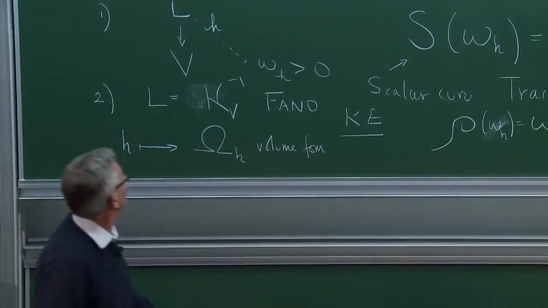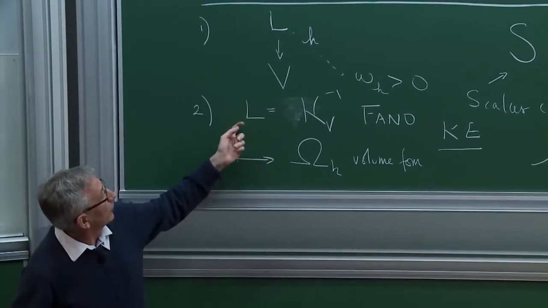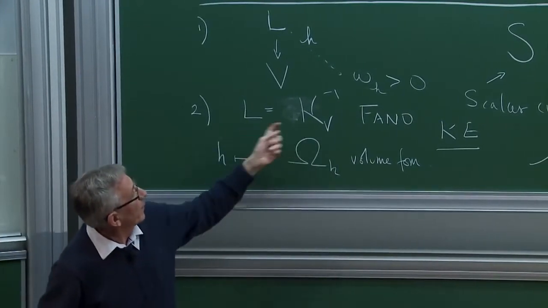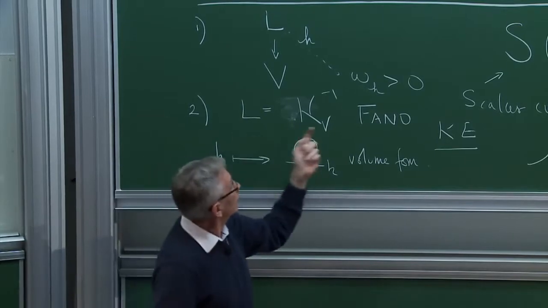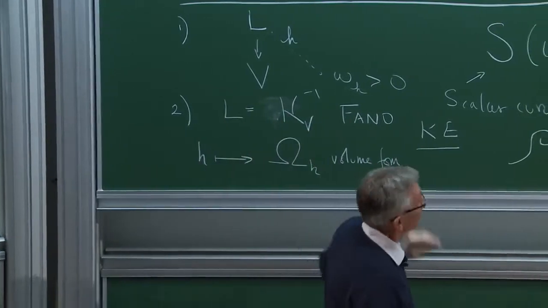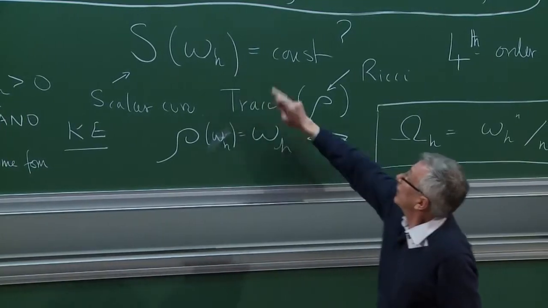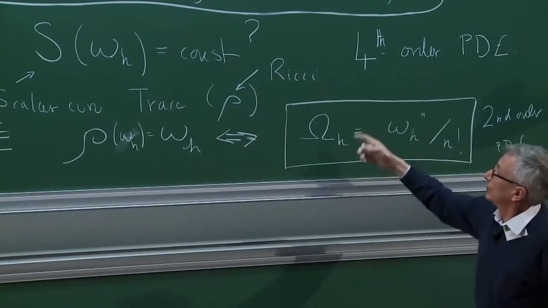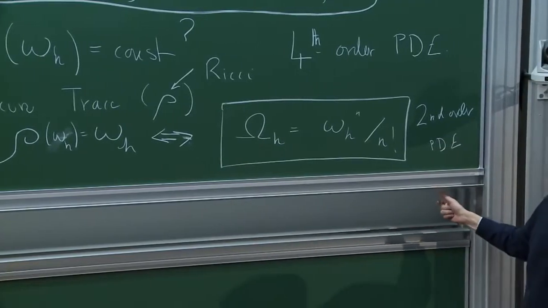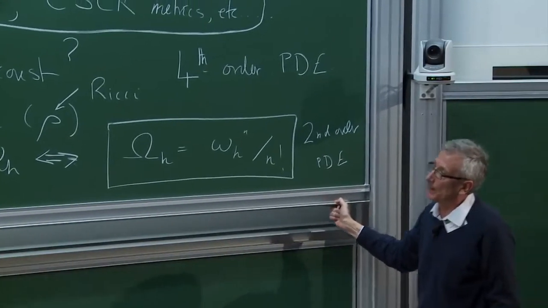If you're in this situation where the topological conditions you're considering here are satisfied, then any metric with constant scalar curvature will also satisfy this a priori stronger condition.